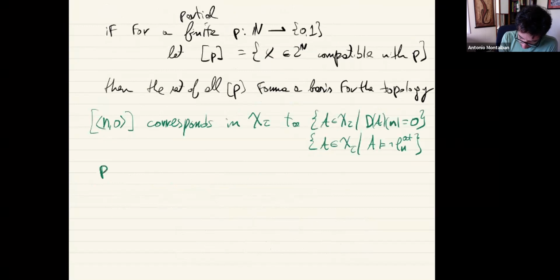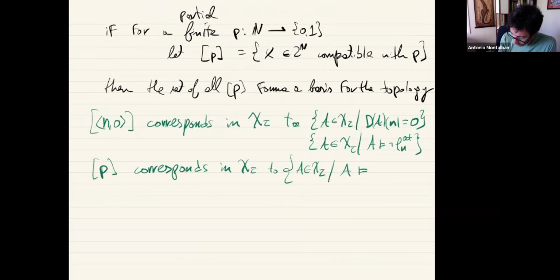And also, if you take a p like that one, a partial finite function, this corresponds in the space of structures to the set of all presentations of structures such that A models a finite conjunction over all n's in the domain of p of the nth atomic formula, depending on p.